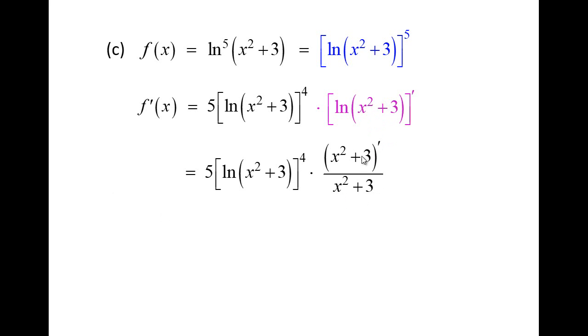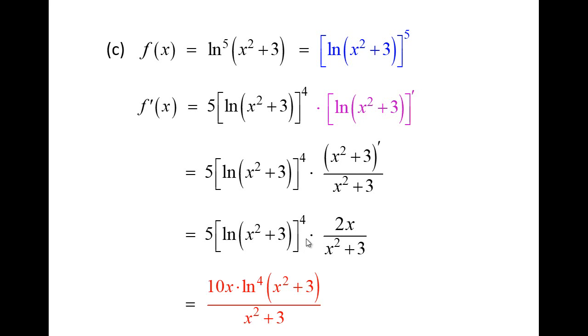And so in the numerator, we get 2x, and multiplied by the 5, we get 10x ln to the 4 of x squared plus 3 divided by x squared plus 3. So again, ln of x squared plus 3 to the power 4, this quantity is written in this notation, even though I would say that that's a bit of a confusing notation.